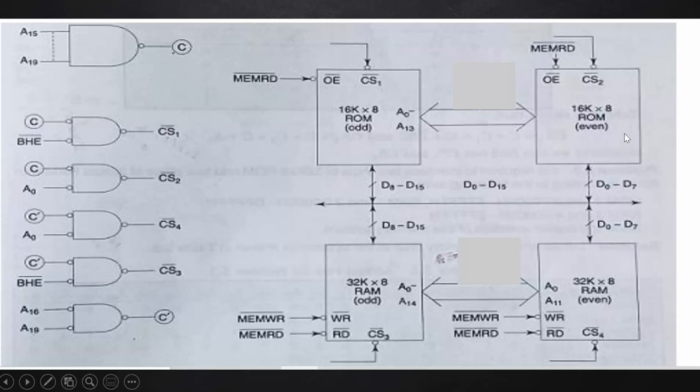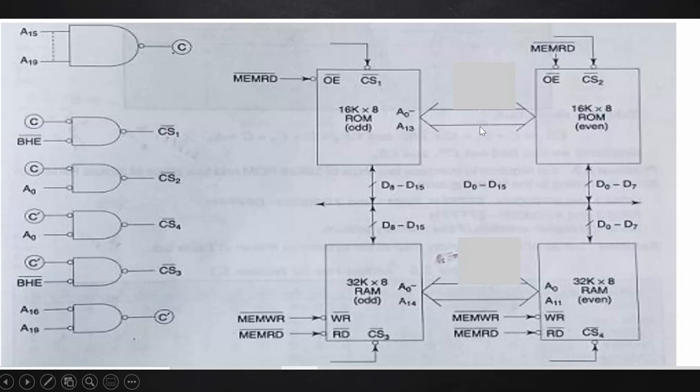Here 2 chips of ROM are given and 2 chips of RAM are used. This one is 16K by 8 in capacity, and this one is 16K by 8 in capacity. This one acts as the even bank and this one acts as the odd bank.